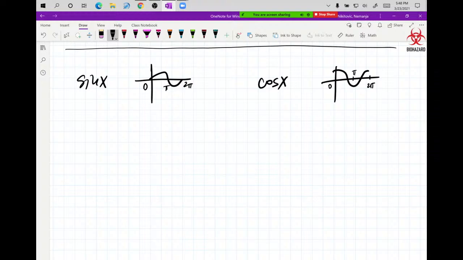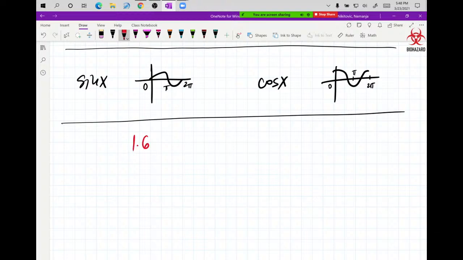Now, what do we have for our 1.6 graphing of sine and cosine?